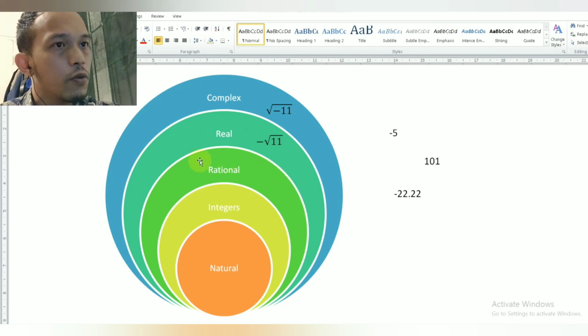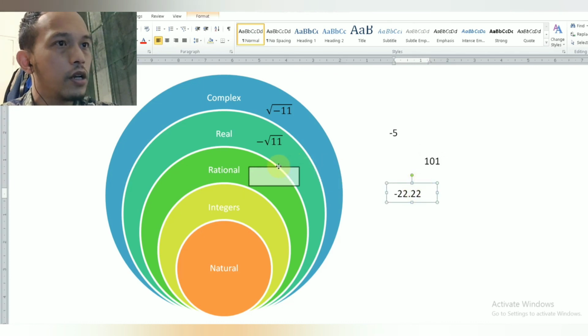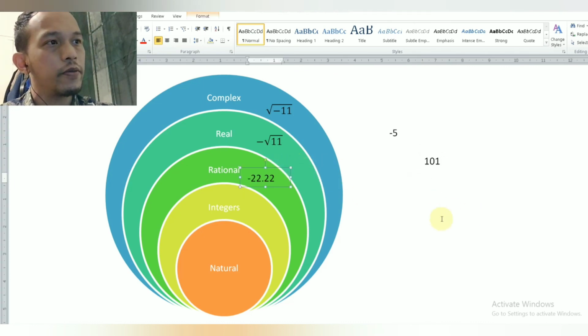Now let's go inward. This rational consists of integers and non-integers. So the non-integers is this area, the green one. The non-integers from this example, yeah, this one. And how about the yellow one? The yellow one is integers and this is natural.